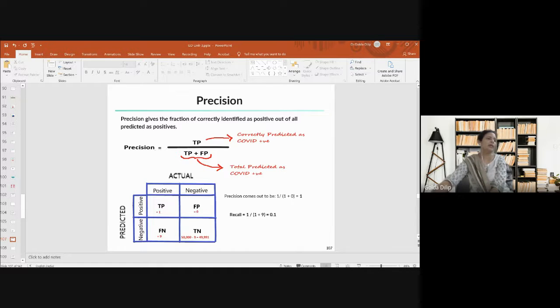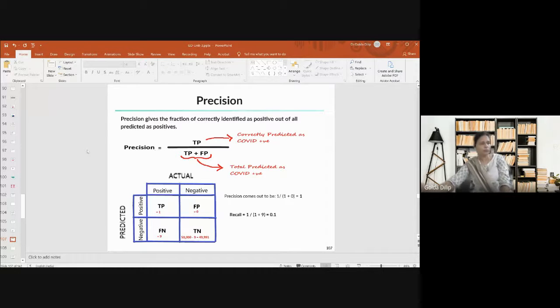In this strategy, every passenger is labeled positive, so TP is 10. What will FP be? From the previous case, it was 50,000 minus 10, which is 49,990. So 10 divided by 10 plus 49,990 comes to a fraction like 0.000 something.